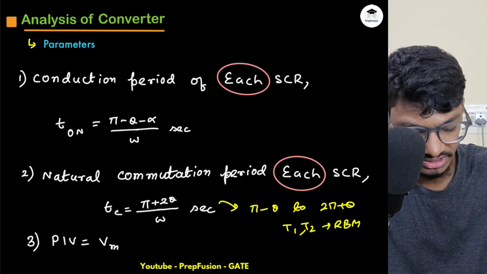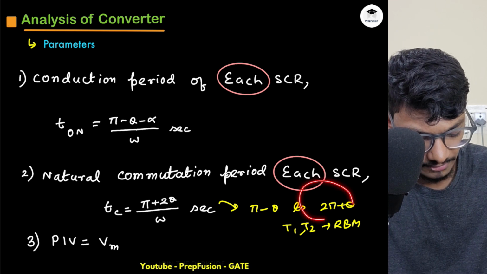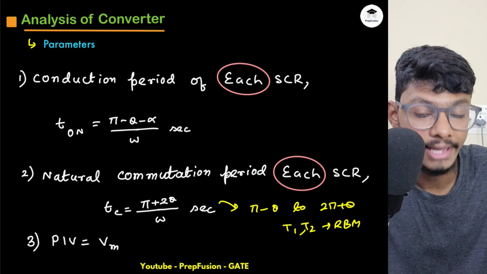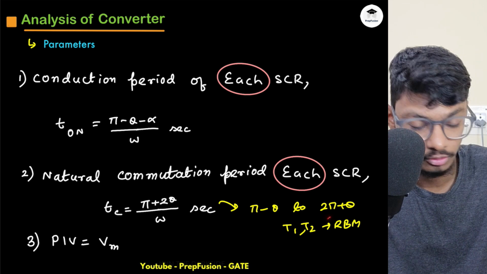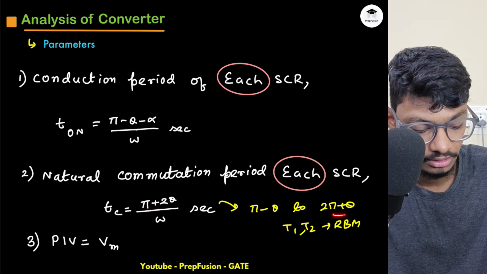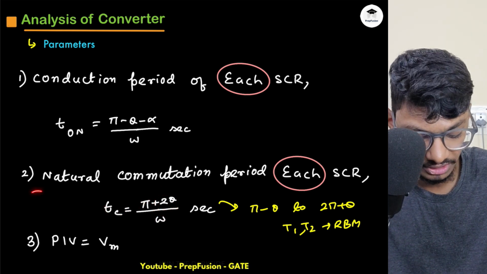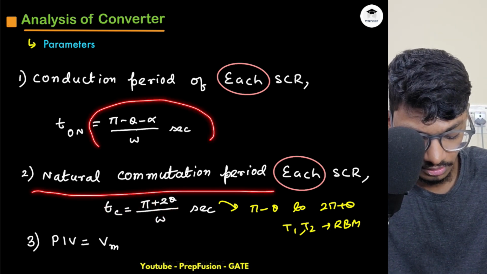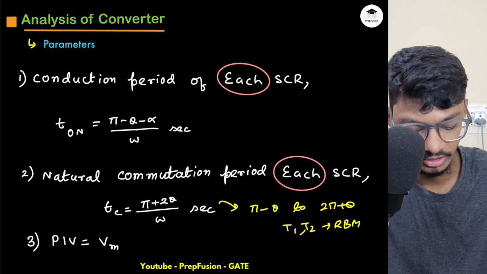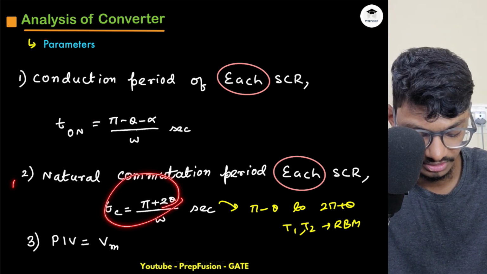Now what is the duration? 2 pi plus theta minus of pi minus theta. So 2 pi minus pi is pi, and theta minus of minus theta is 2 theta. So that's why this will be the natural commutation period, and this will be the T on period of each SCR. I hope you understood the point. What is the natural commutation period and what is the T on period?